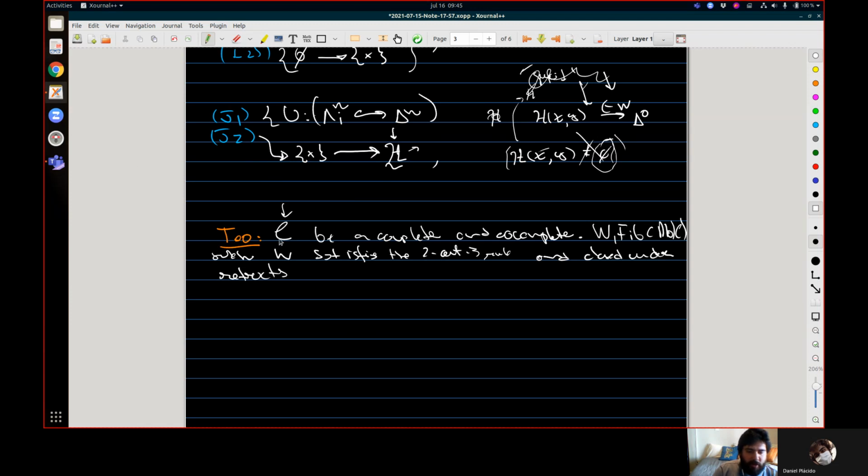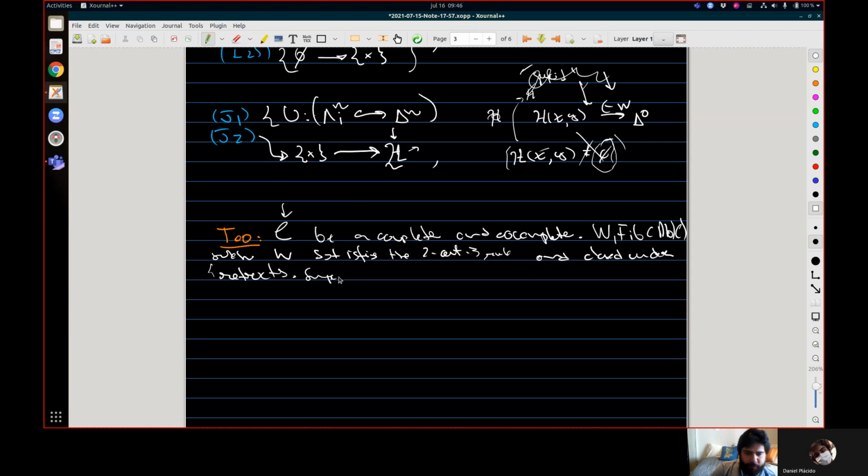In a model category, the class of weak equivalences is closed under retract. So this is not a problem to require, because if this were not true, there would be no hope that this is a model structure.